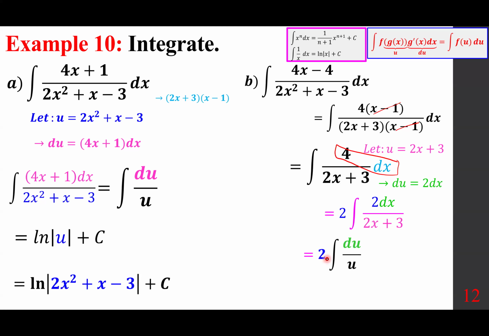Keep the 2 outside or in, makes no difference. It's a multiplier. And reverse substitution, you have to change the u to 2x plus 3. And 2 natural log of absolute value of 2x plus 3 plus c is the final answer. And you have to keep the absolute value because it can be positive, it can be negative.